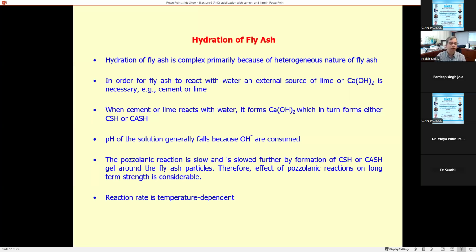It depends on the type of coal, the degree of pulverization, the temperature of the furnace, and the collection method. There is not only fly ash but also bottom ash. Sometimes fly ash and bottom ash are mixed together with water and pumped to a lagoon, giving lagoon ash. These properties also change.